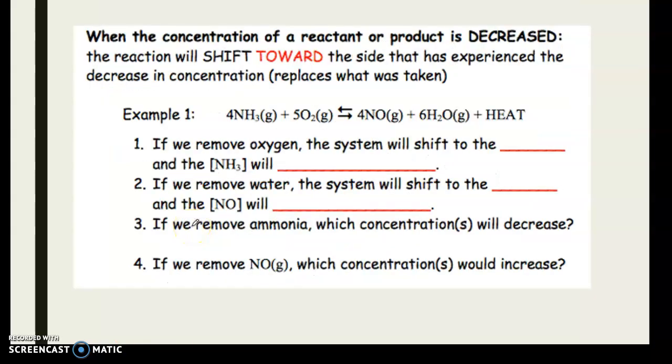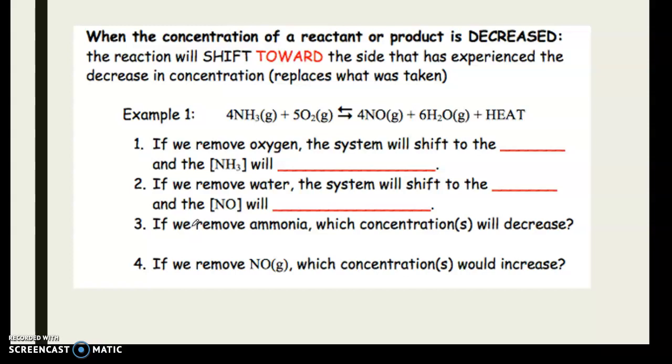All right, so let's go to the next one. What happens if the concentration is decreased? Very simple. If we decrease the concentration, we're going to stay on the side that decreased. Why? Because whatever was taken must be replaced.